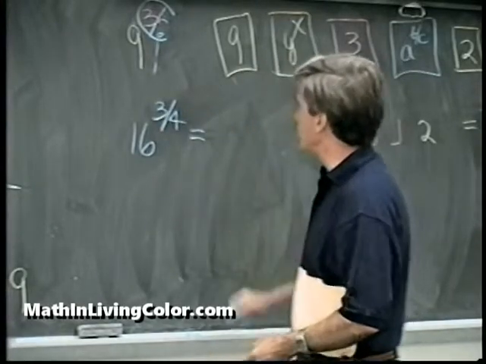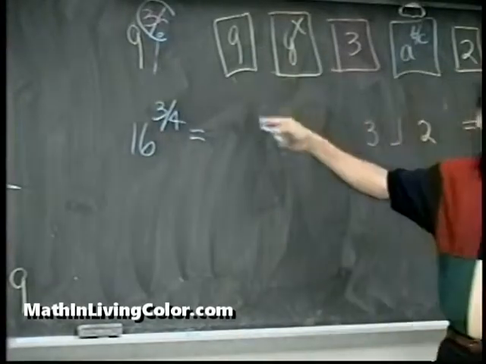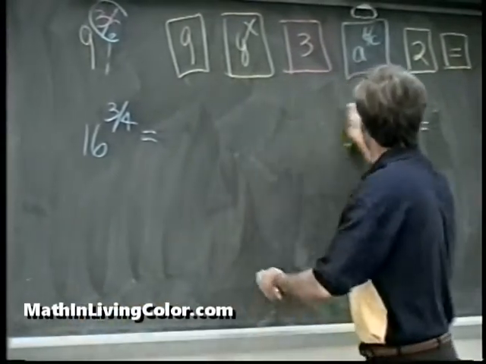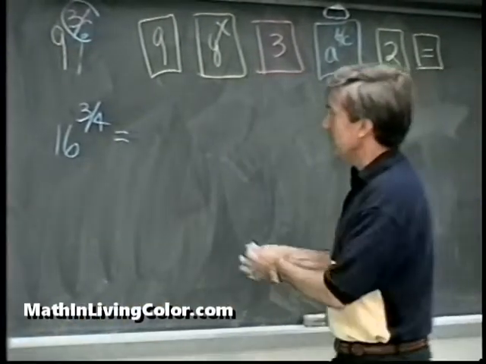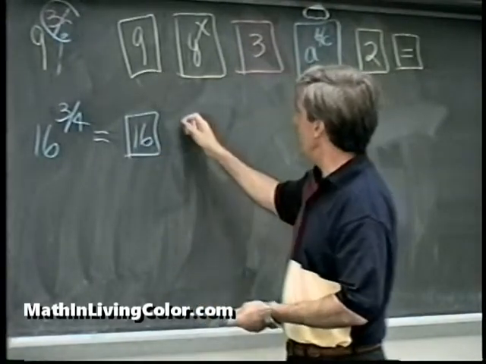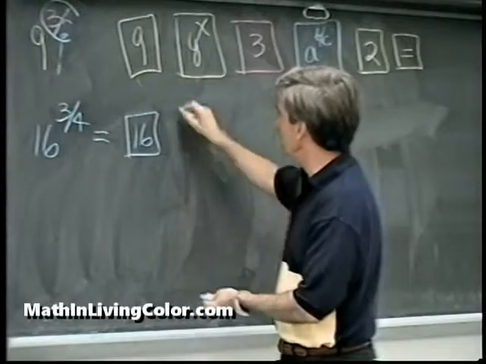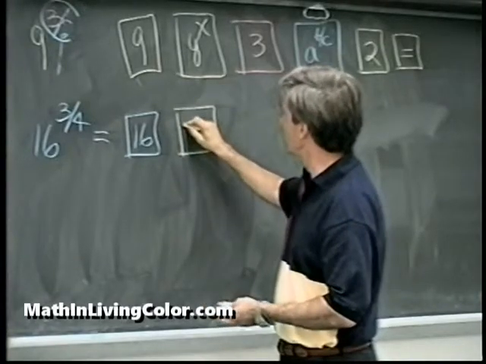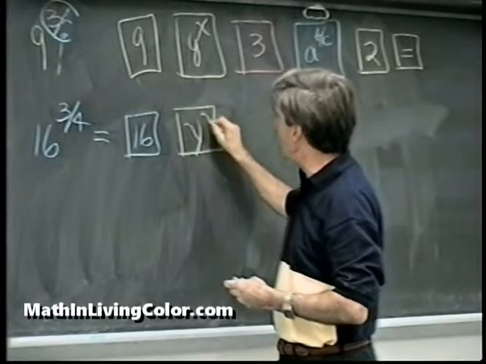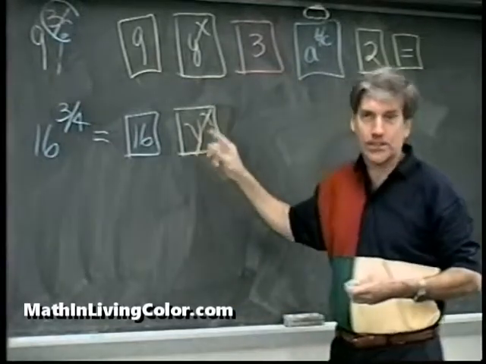16 to the 3/4 power. Let's try it using the A to the B over C button. What numbers do we enter? 16. And then we'll do the x to the y power, because we're raising 16 to the power, or it'll be y to the x power, whichever your calculator says.